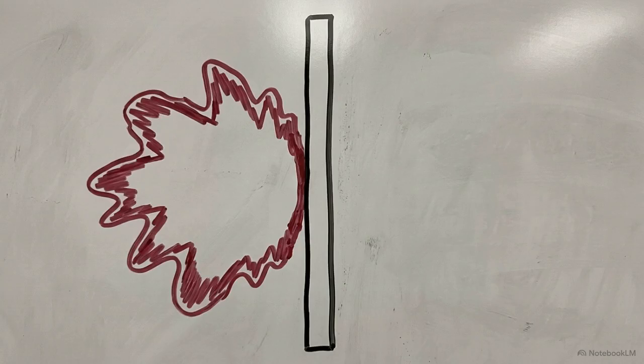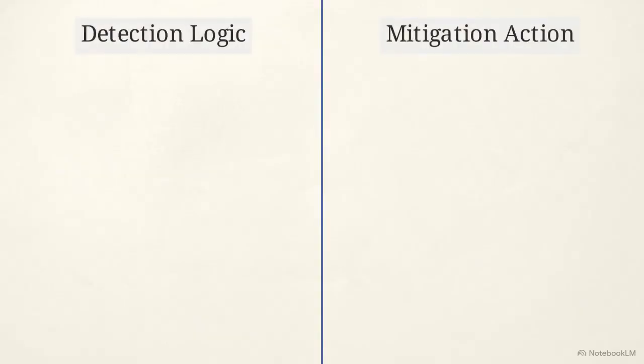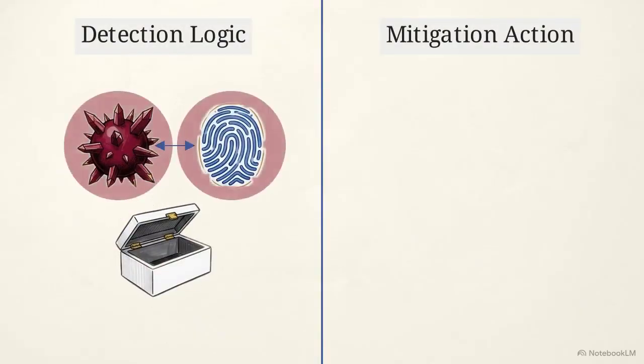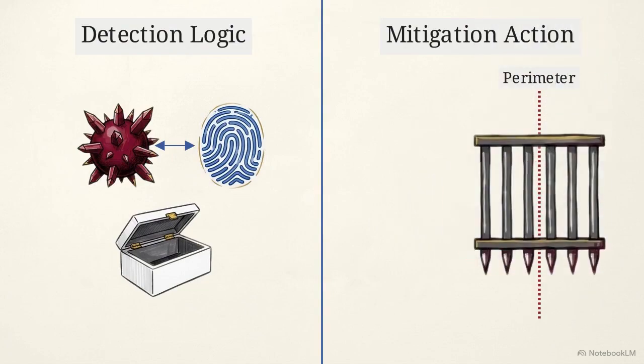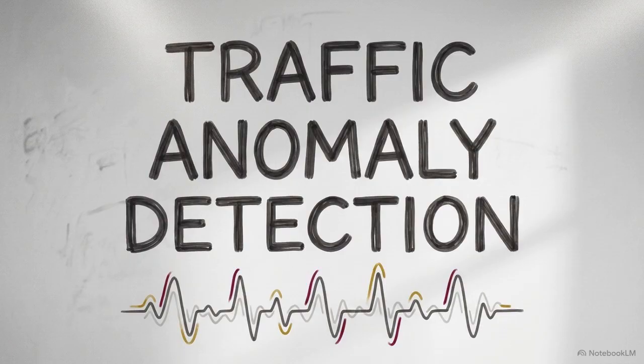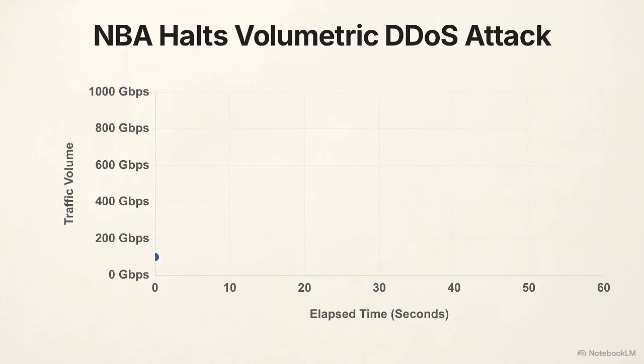In the first scenario, a known malware variant attempts to enter the network. The NIPS reads the payload, matches an atomic signature, and successfully drops the packet at the perimeter. For threats that lack a specific signature, such as volumetric attacks, organizations deploy Network Behavior Analysis, or NBA. This line graph illustrates an NBA system during our second scenario.